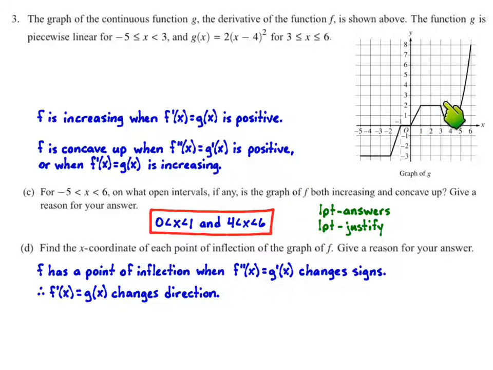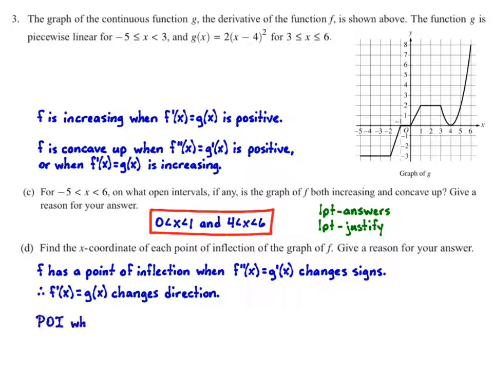So some people might say, well, there's kind of a point of inflection somewhere in that interval. Not necessarily. We just have a constant function here, and therefore there is no concavity. It's just going to be a linear function. So it's not going to be a point of inflection if the concavity isn't changing, because the concavity is 0, I guess you could say. So we only have one change in direction, and that's when x equals 4.